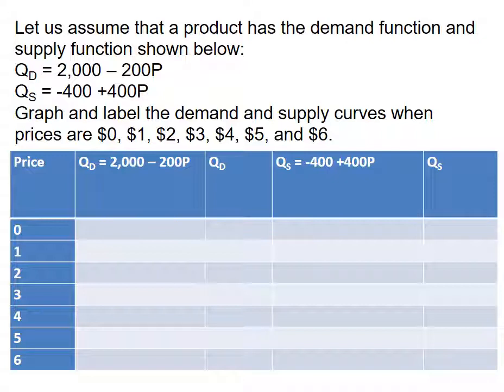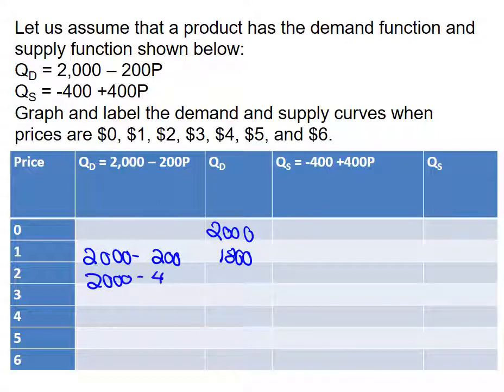Okay, so let's say we've got two demand and supply functions. This is going to be a little tricky for me because I can't use a ruler with the tablet. It will not allow me to do that. But if I'm looking at what the quantity demanded is, and I'm doing some of the math behind here, 2,000 minus 400, so we've got 1,600.